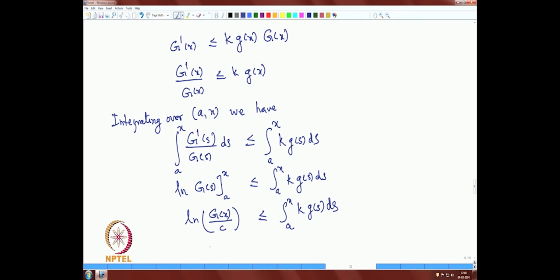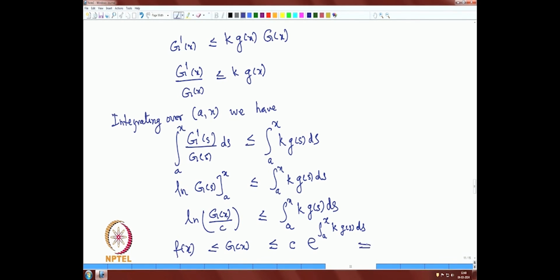And taking exponential on both sides, you get G(x) is less than or equal to c times e to the power integral a to x of k g(s) ds. And from our hypothesis, we know that f(x) is less than or equal to G(x).